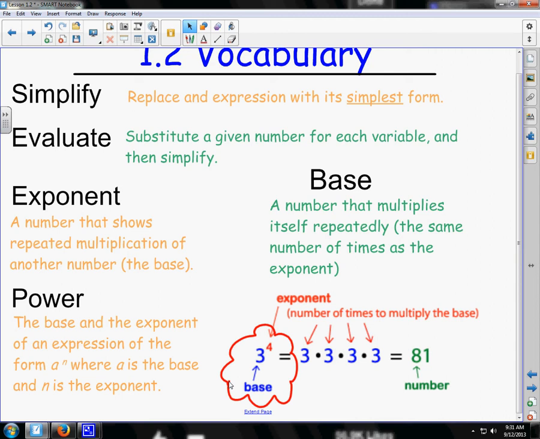The power is the base and the exponent of the expression, so it's the entire thing all put together. So that is a power, and a power is made up of a base and an exponent.